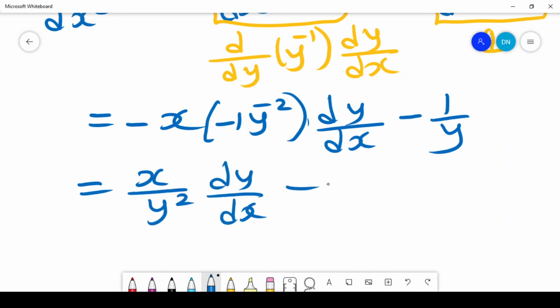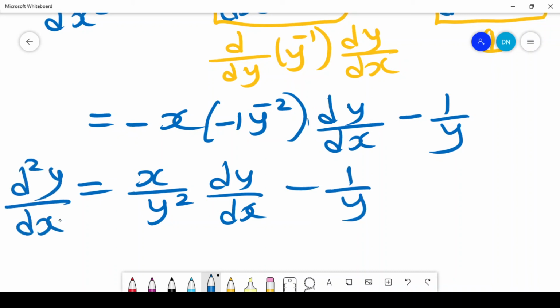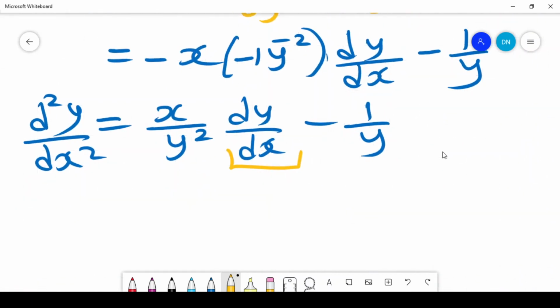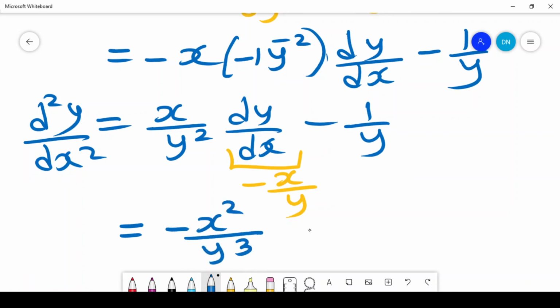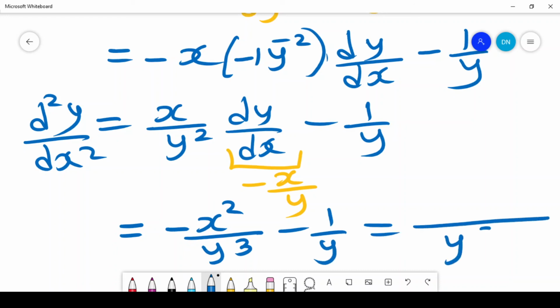But we are familiar with the solution for this component from our previous computations, which gave us negative x over y. Therefore, we can comfortably say the solution is negative x squared over y cubed minus 1 over y. Or if you wish, you could say it is (negative x squared minus y squared) over y cubed. And that gives us the solution.